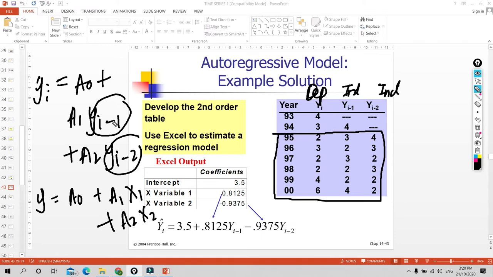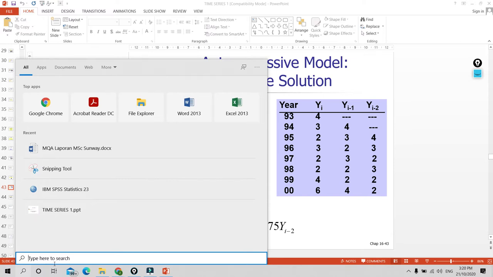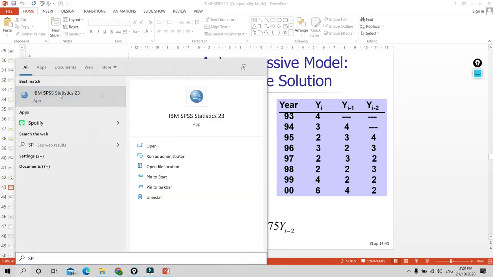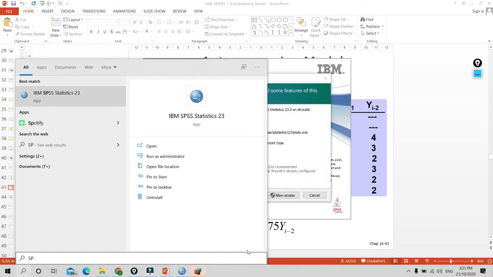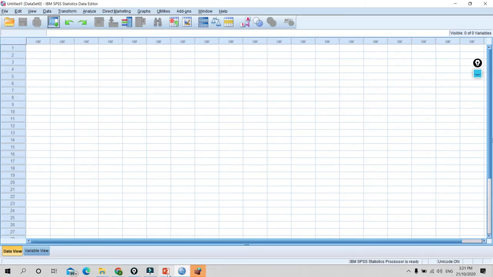To solve this one, you can go to the SPSS software. Now this is my SPSS software.